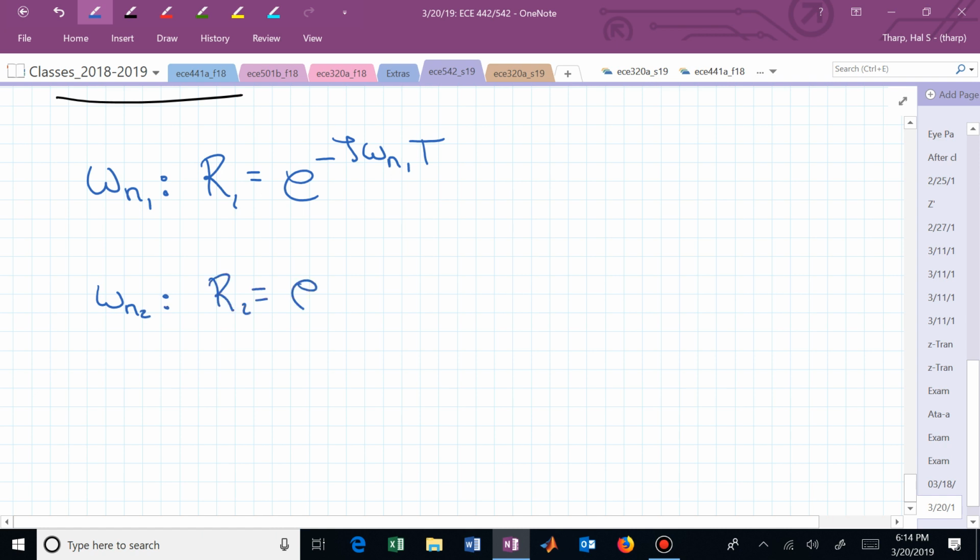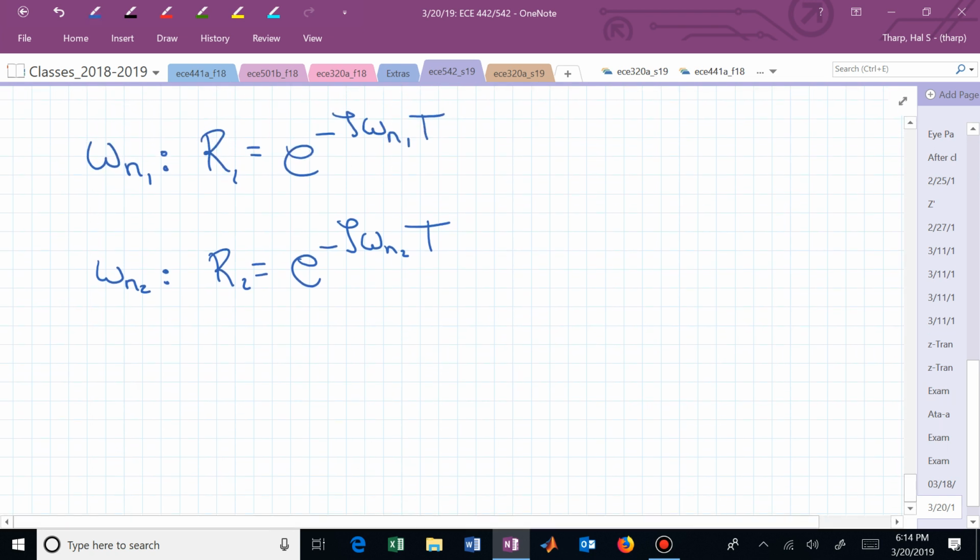R sub 2 is e to the minus zeta omega sub n sub 2 t. Now we want to start comparing R1 to R2 for different values of omega sub n1 and omega sub n2 in the way that I've drawn them. And just to make sure that the progression is consistent, let's plug in omega sub n sub 3. That says R sub 3 is e to the minus zeta omega sub n sub 3 t.